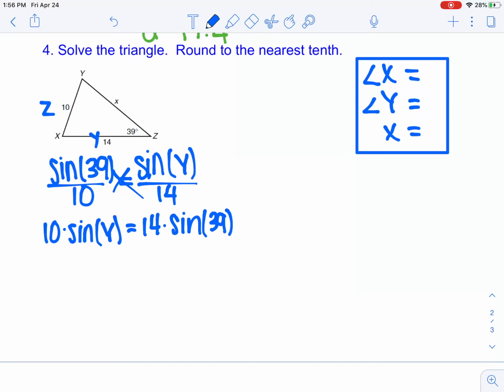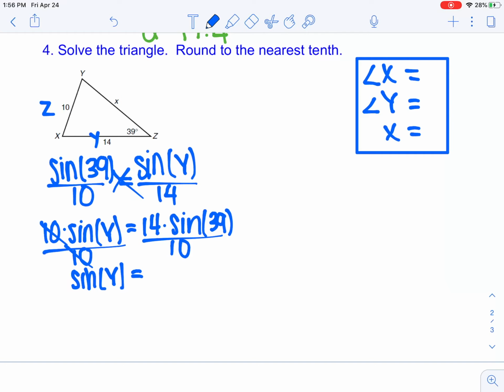Remember, we're trying to solve for angle Y, so we can divide both sides by 10. Now we have the sine of Y equals 14 times the sine of 39 over 10.